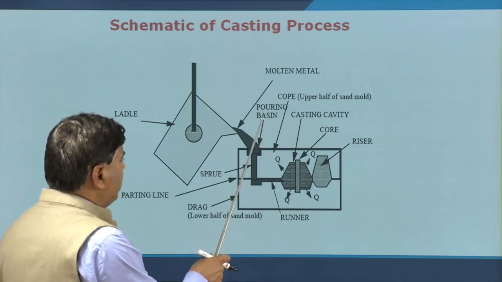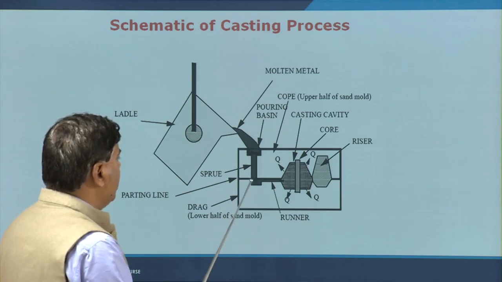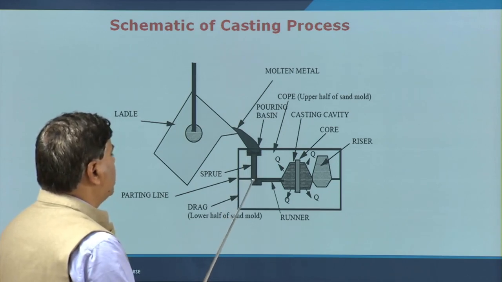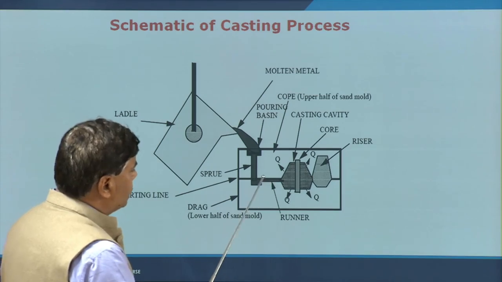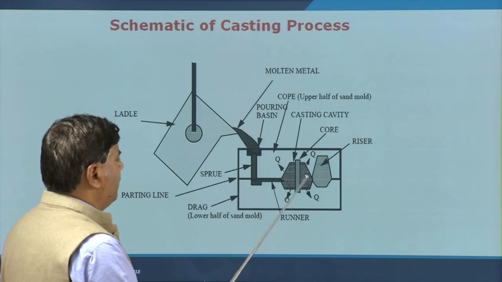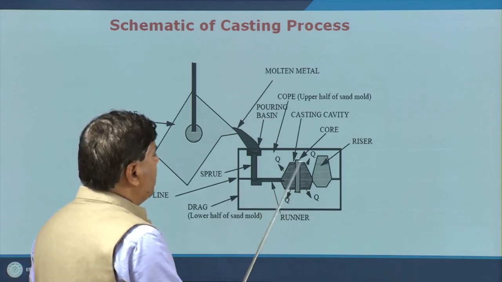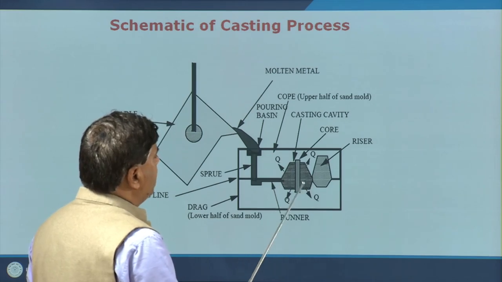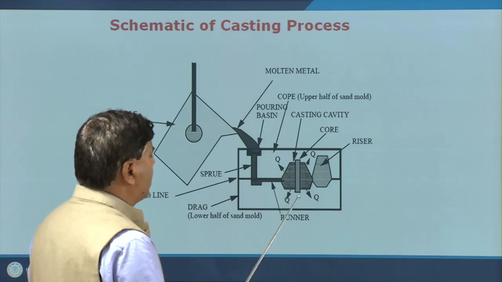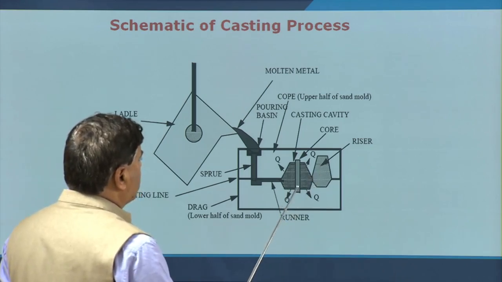Then the molten metal from the pouring basin is fed to the sprue, and from the sprue it goes to the runners, and through the runners it enters into the mold cavity. And in the mold cavity, there is a riser, this is the riser and this is the core.